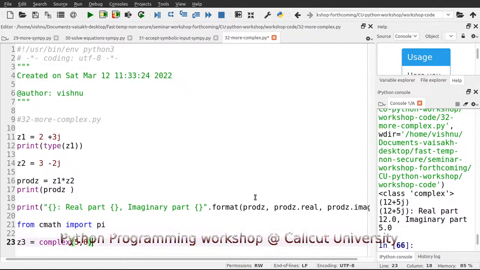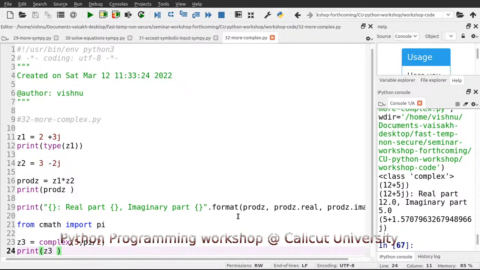Pi is available there, I think. Okay, the pi is there.